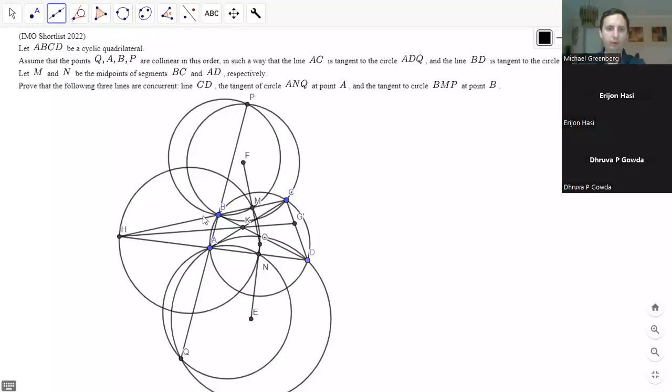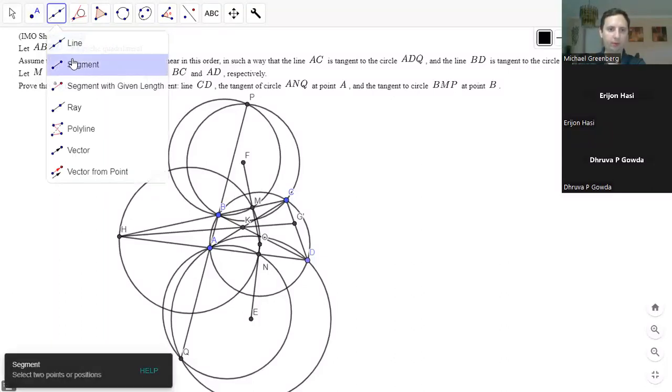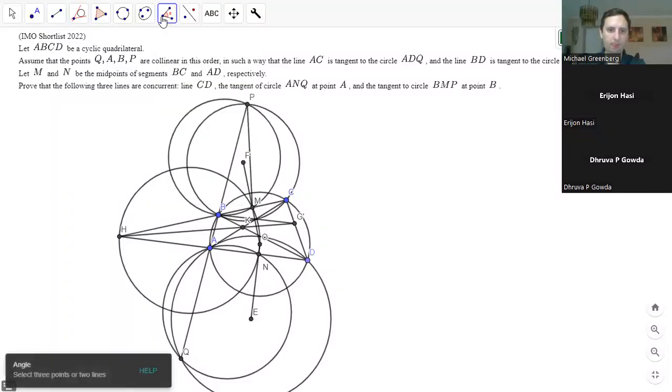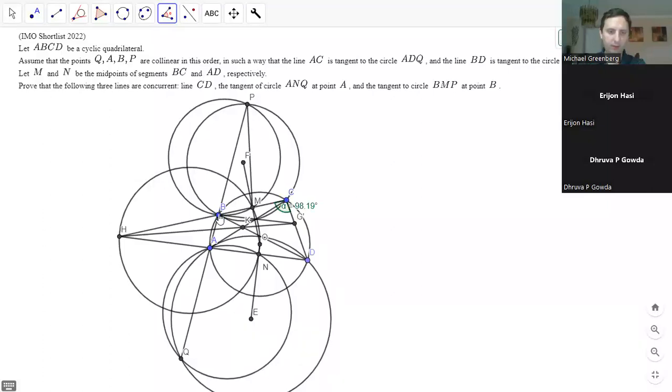But yeah, so we want to show angle G prime BC is equal to angle PBM. Is that right? Sorry, BPM. Maybe they're similar triangles. So if I draw, is BPM similar to G prime BC? Let's see. So that's 98 degrees.